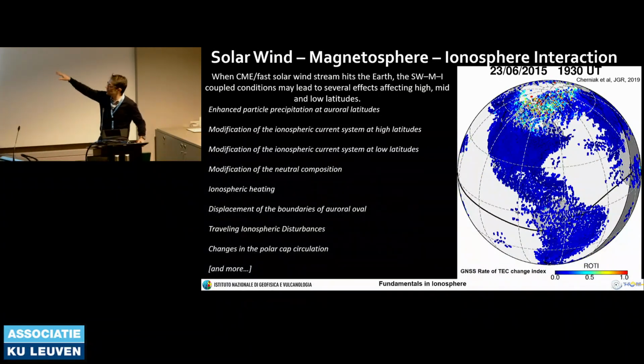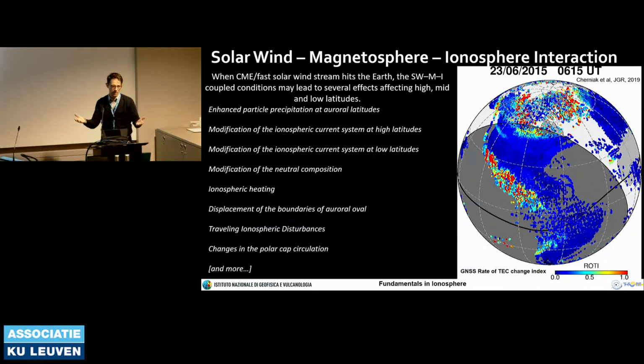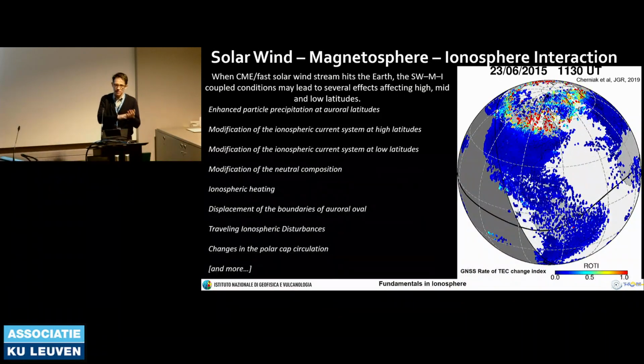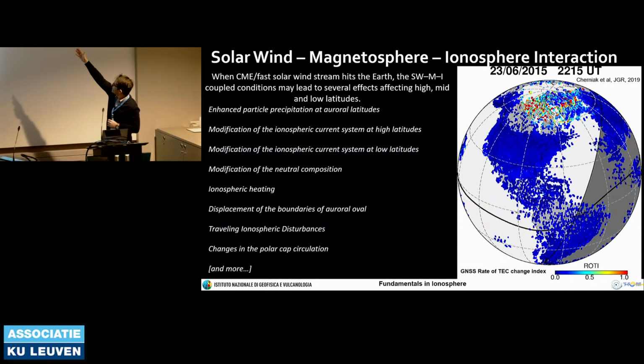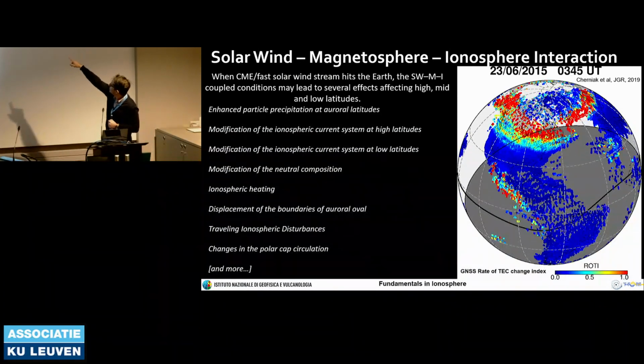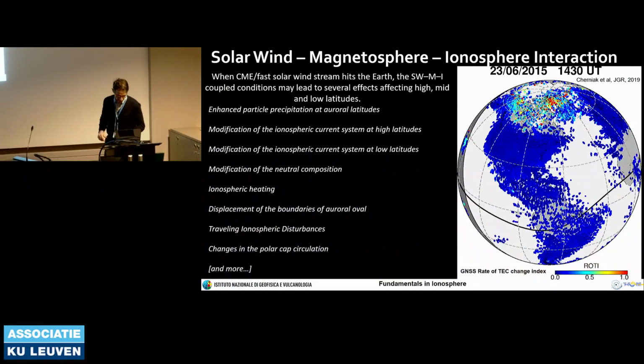You have to imagine this as a map, as a flat ionosphere at 350 kilometers, okay? Because GNSS is not able to resolve the height. So you see activity at high latitudes, low latitudes, mid latitudes, really a plethora of events.